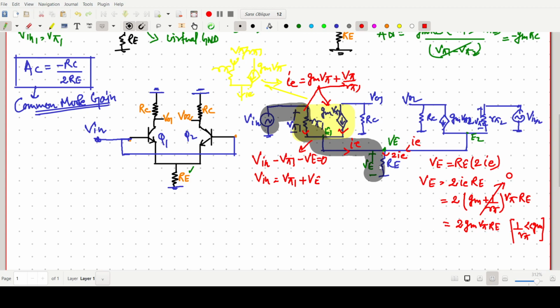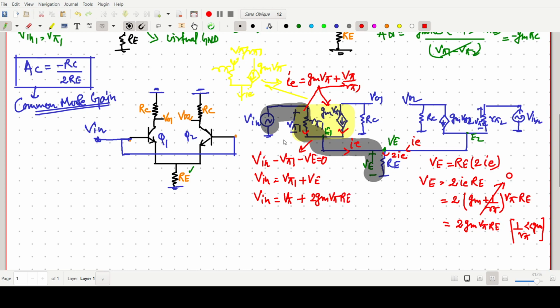We are just interested in this VE value. So now VE value is almost calculated as this one. For the simplification purpose, we have eliminated this one. So V in equals V pi 1, that is simply V pi, and VE is twice GM V pi RE.